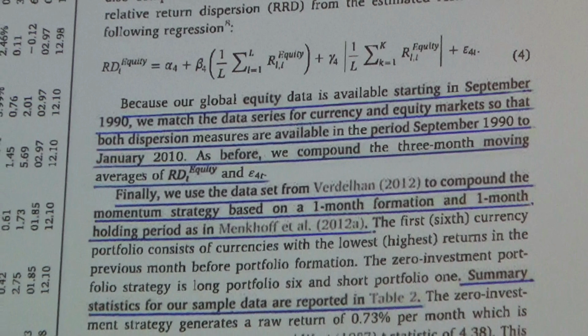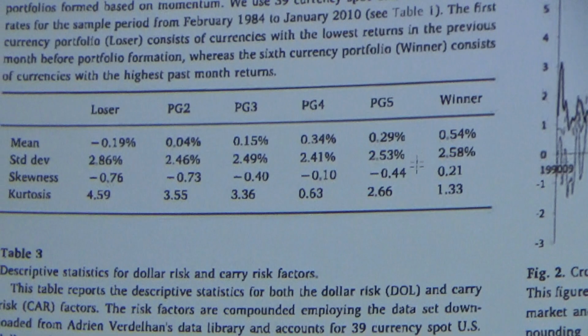And in table 2, we report the descriptive statistics. What we see here is once we move from loser to winner currencies, the spread is linearly increasing.